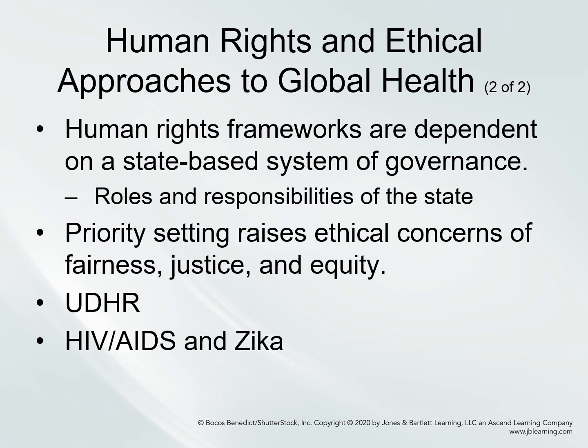As described in Chapter 3, human rights frameworks are dependent on state-based systems of governance. It is important to understand state laws that support reportable disease research and the ethical concerns that come with priority spending on one disease or population over another. It's important to understand the limitations of documents like the Universal Declaration on Human Rights.